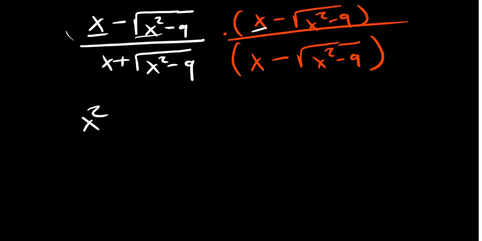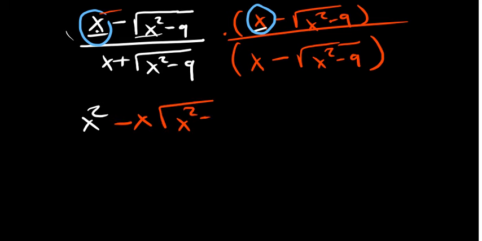Remember x times x is x squared. Now the x again multiplied by what is there is going to be minus x root of x squared minus 9. Then this part, negative of it by the x again, is going to be minus x again root of x squared minus what?